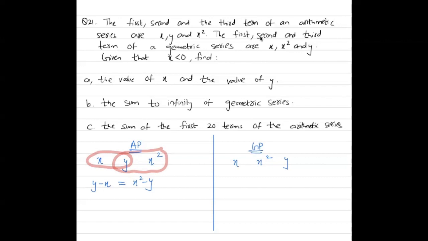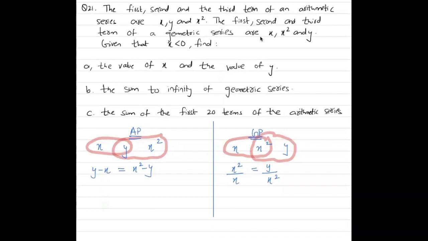Okay, now as far as the geometric progression is concerned, there is going to be a common ratio between the consecutive terms. So the common ratio between the first and the second term is going to be the same as between the second and the third term. So x squared upon x, the common ratio, should be the same as y upon x squared.